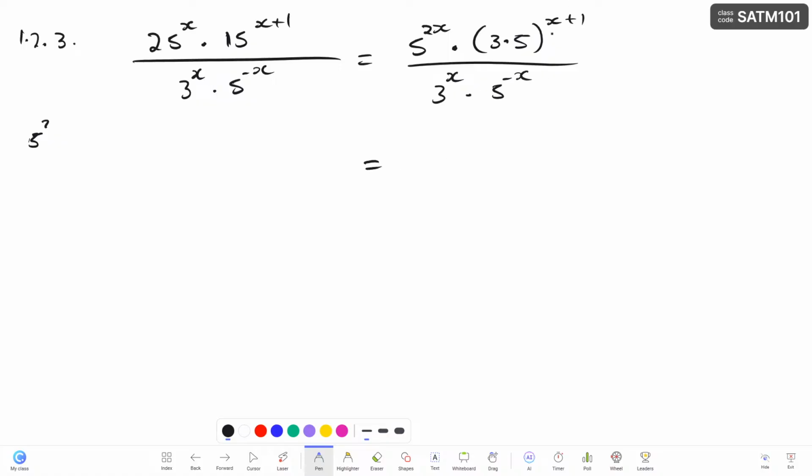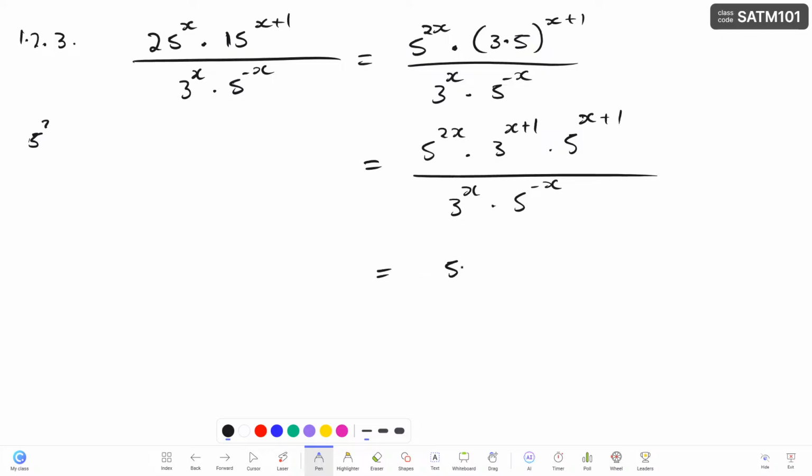So here we can simplify this by saying 5 to the power 2x times 3 to the power x plus 1 times 5 to the power x plus 1, all over 3 to the power x times 5 to the power negative x. Since here we have the same base, we can just add the exponents.